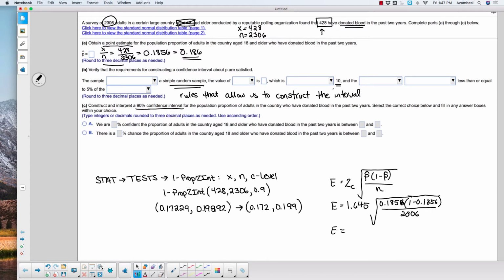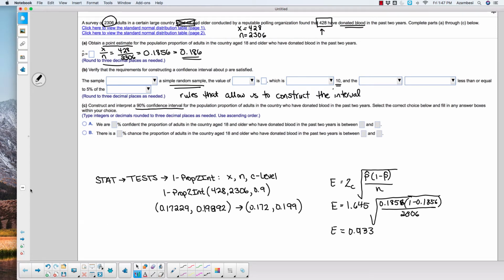Now anytime you're calculating a margin of error for a proportion, it should be small. So 1.645 times the square root of 0.1856, 1 minus 0.1856, all divided by 2306, and I get 0.0133 to 4 decimal places.